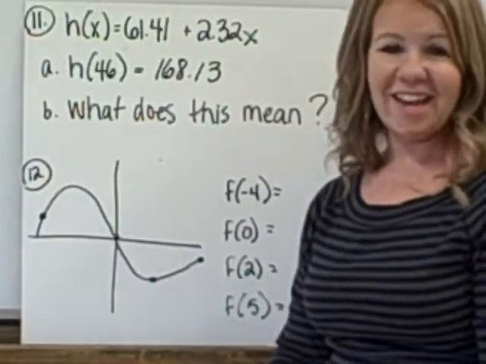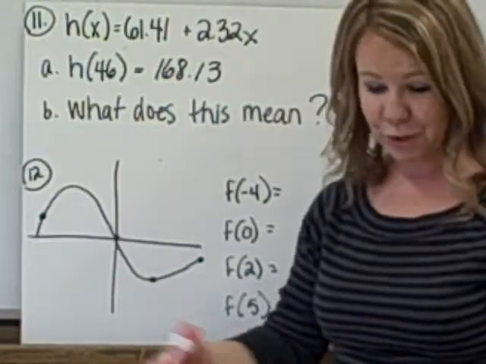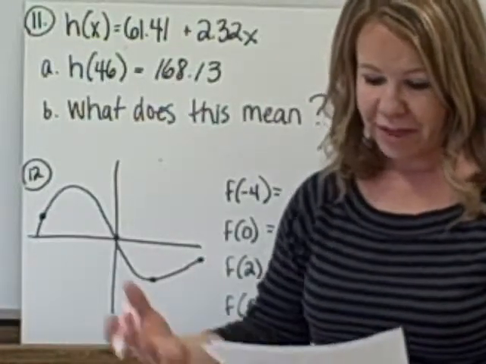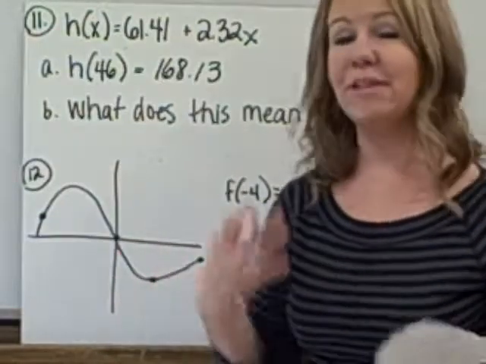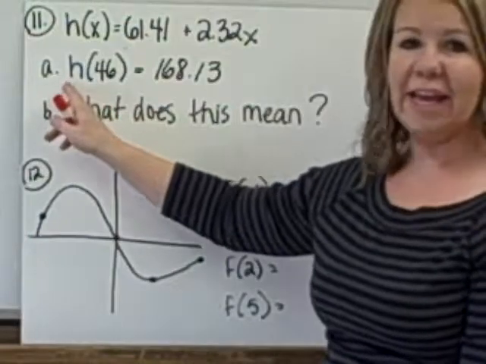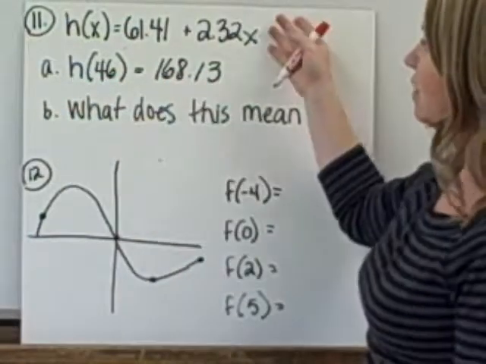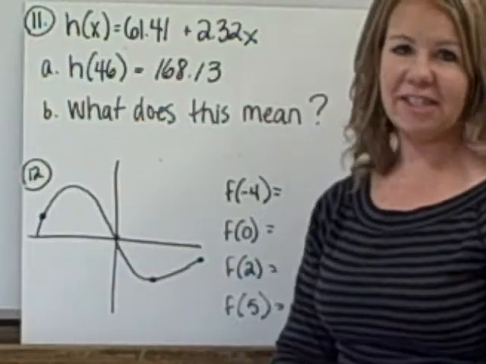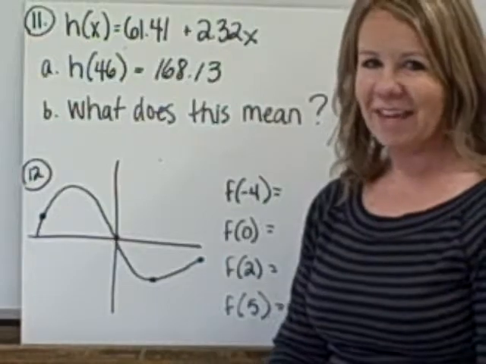Going to number 11, it is the same kind of thing we just learned, except in the form of a story problem. And the situation is determining height of a person from different bones in their body. So when the question is asking for h of 46, that is just a matter of doing some calculations into this function here to get 168.13. But then part B says, what does this mean?